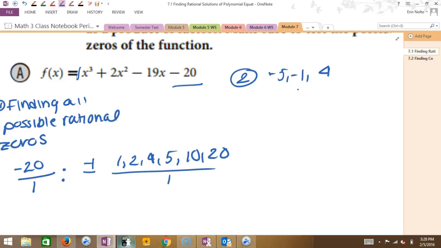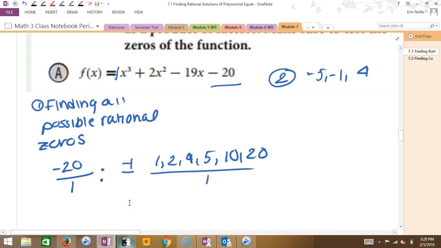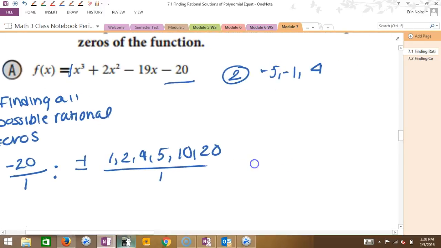The calculator tells me these are my rational zeros. Out of these possibles, it was -5, -1, and 4. This is saving you a step for this next part. Now we're just going to do what we did on the warm-up. So x is equal to -5, -1, and 4.